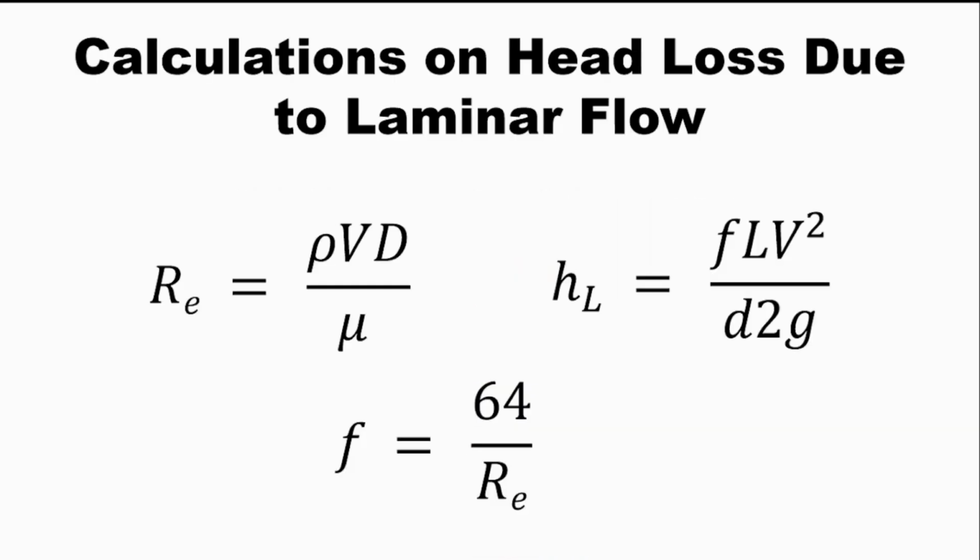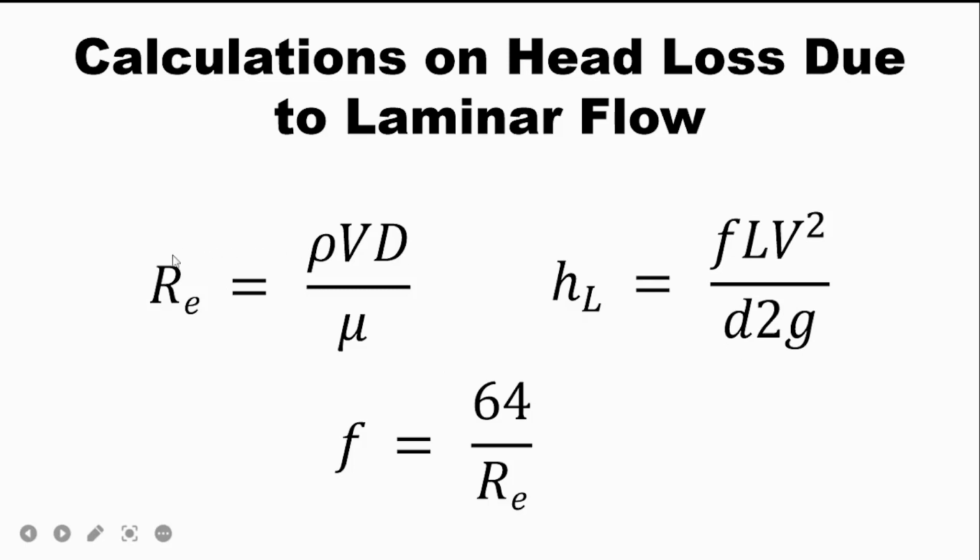Today's video, I'll be showing us the calculations on head loss due to laminar flow. This video is part 2 of head loss due to laminar flow. If you have watched the first part of this video, you must be familiar with these three formulas.